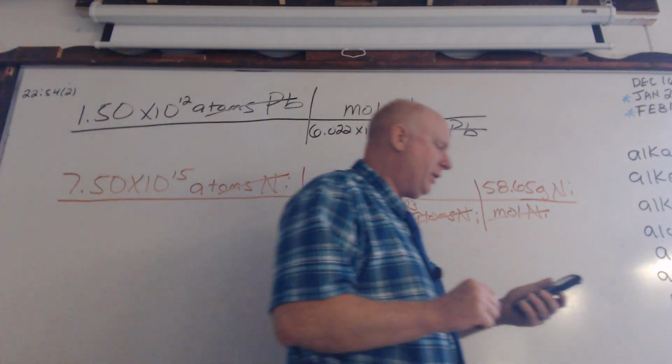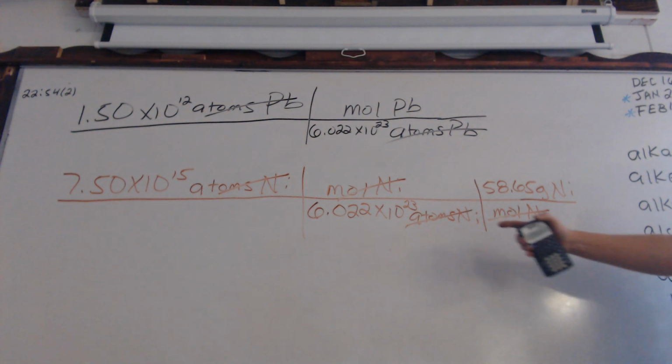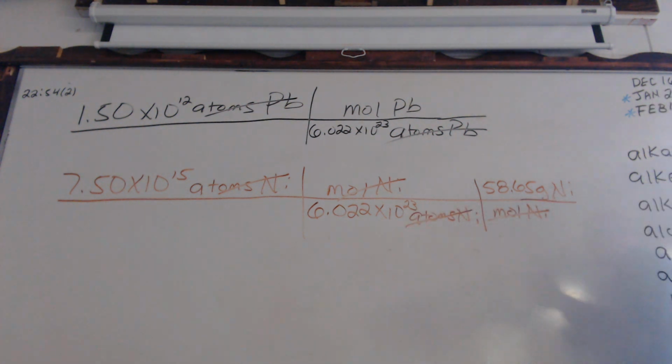Let's see if that's what we get. I got 7.3 times 10 to the 39. Yeah, okay. Times 58.65 equals. Now, there's still another step. You might get 4.40 times 10 to the 17th, but we got to divide by Avogadro's number yet.